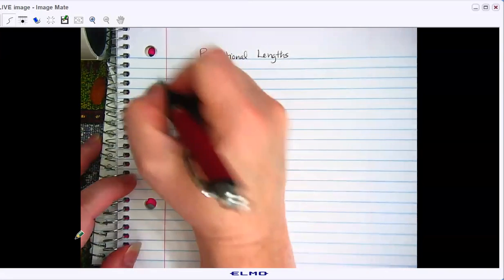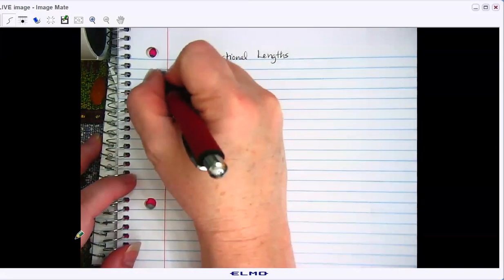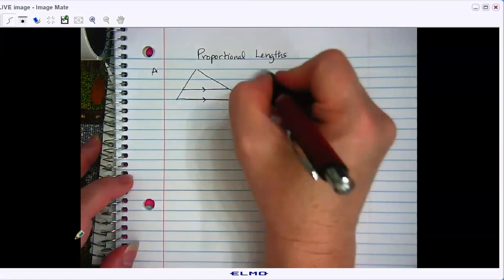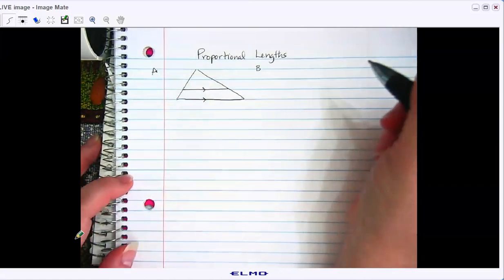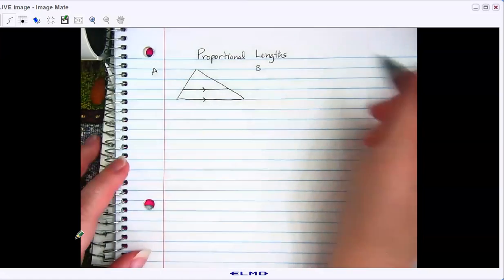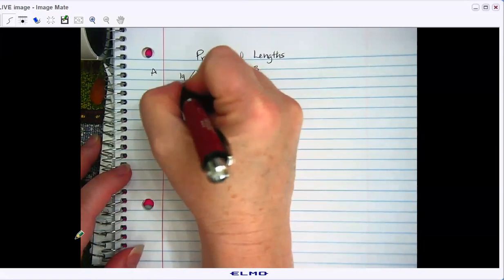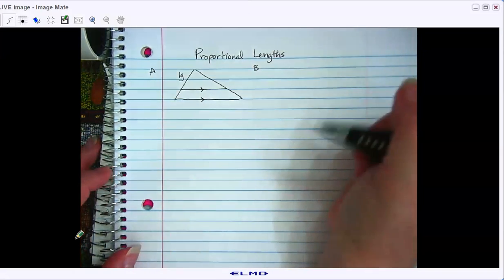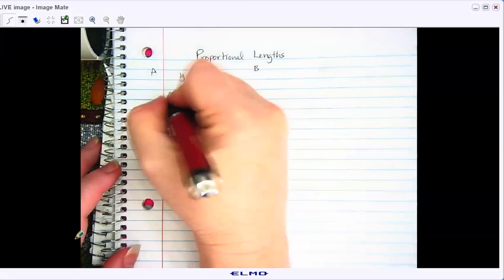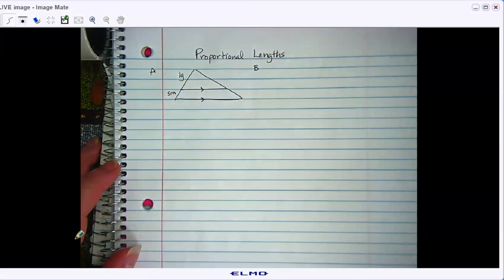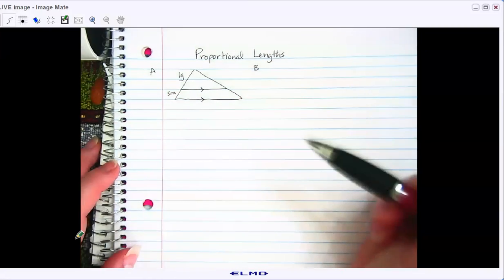We're going to call this left side, side A. We're going to call this side B. We're going to call this part the large part because it looks a little bit bigger than the small part. That's the large, this is the small. It could have been reversed.